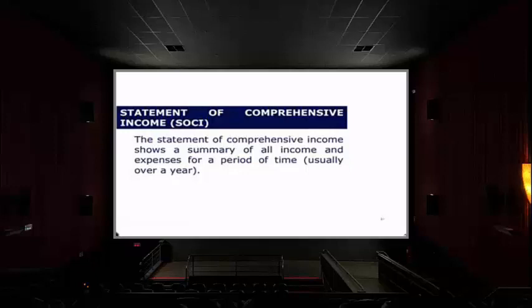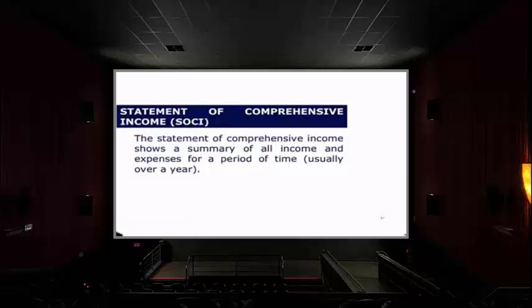Right, so, the statement of comprehensive income then. The purpose of a statement of comprehensive income is to show all the income and expenses of an entity over a period of time. A business ultimately wants to make a profit, and the statement of comprehensive income is going to show whether that company or business has made a profit or a loss in the year.